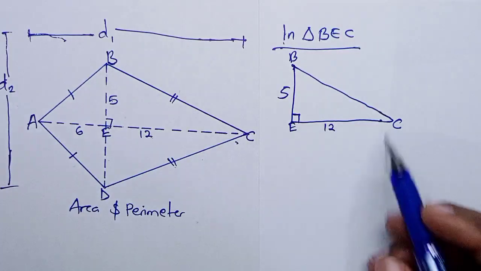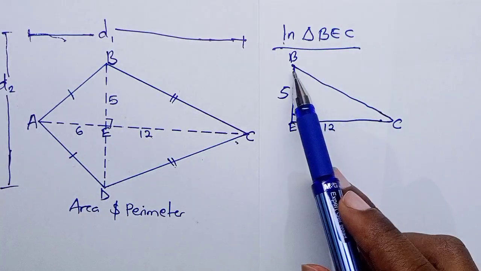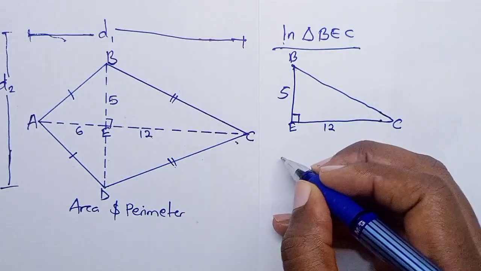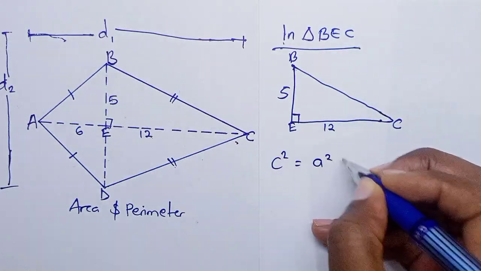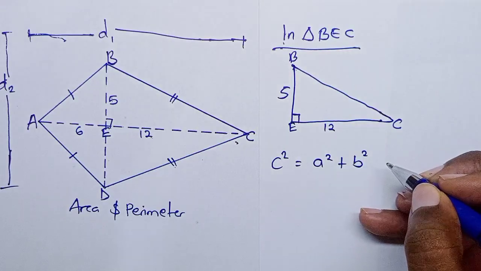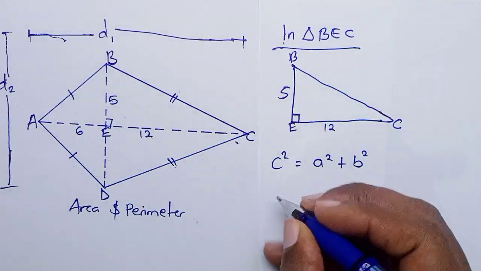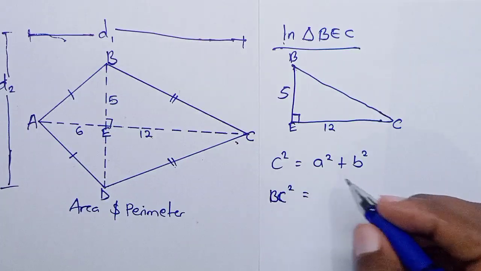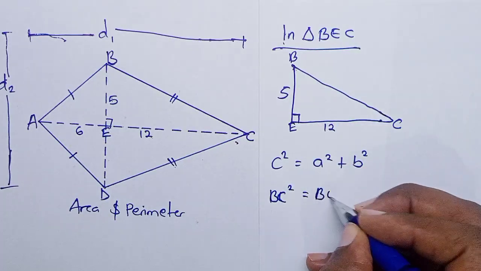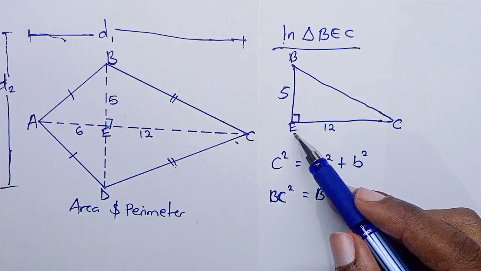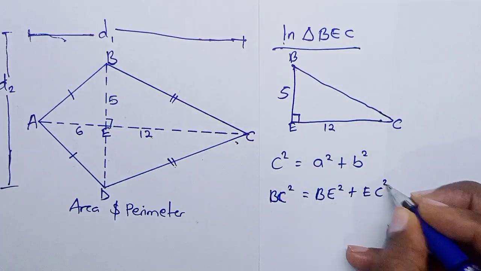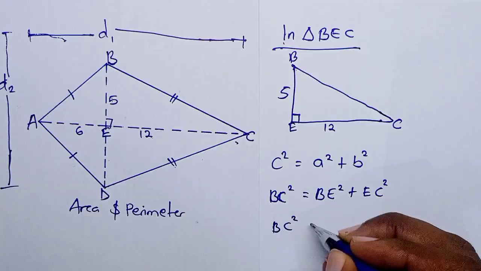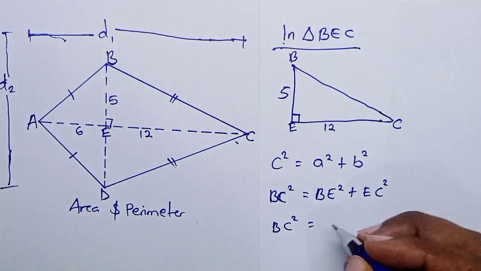We can use the Pythagorean theorem to find side length BC. So c squared is equal to a squared plus b squared. So BC squared is equal to BE squared plus EC squared.